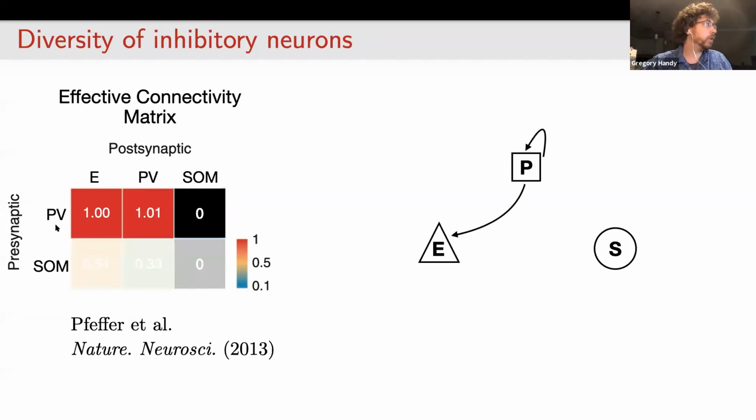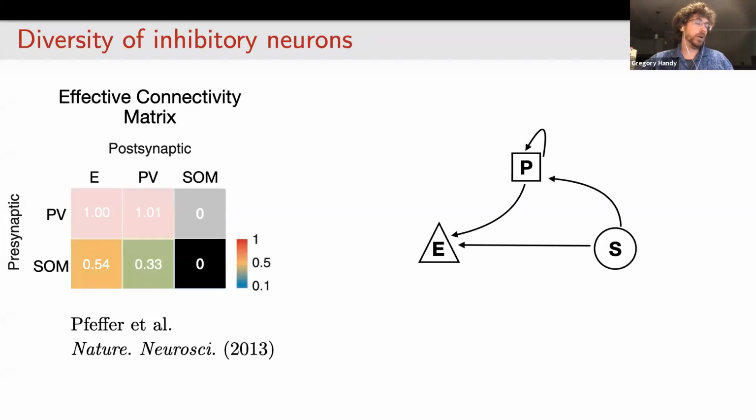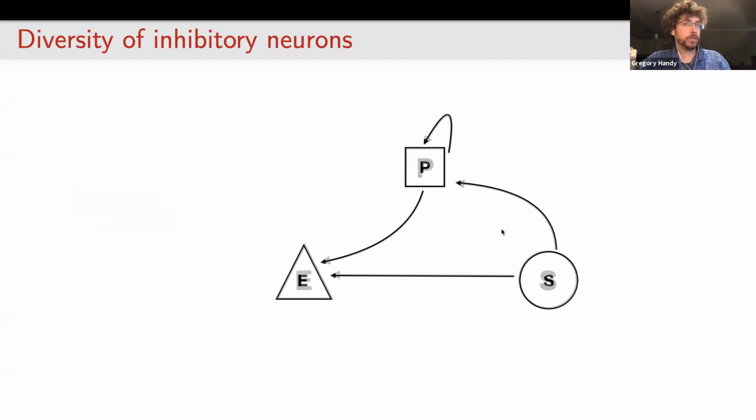Now going row by row, the first row can be read as: PV has a strong connection to E and a strong connection to itself. SOM neurons, though, vary in that they don't have this recurrent connection. Instead, they have a strong outgoing connection to excitatory cells and a strong outgoing connection to PV cells.